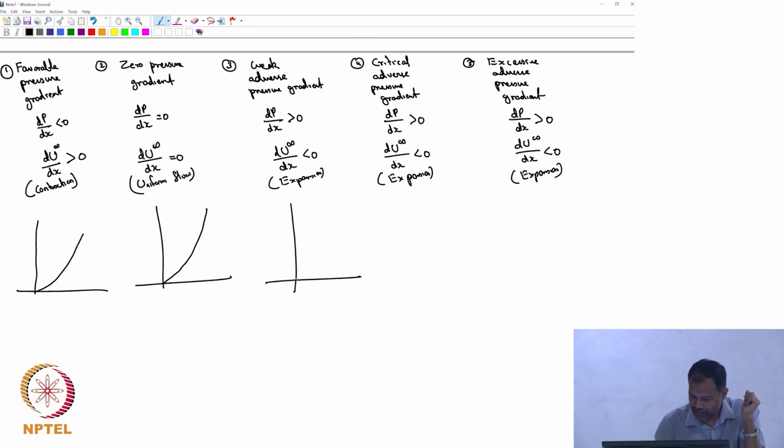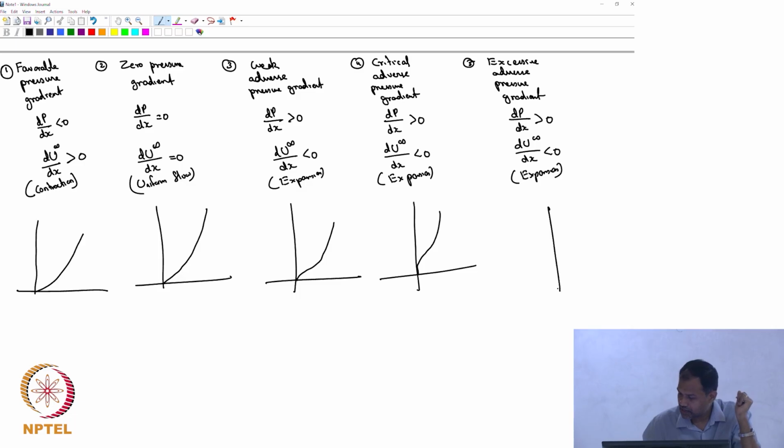Here it should have a different curvature, so it has to be like that, or you could actually have it almost like that, and you could have it like that.